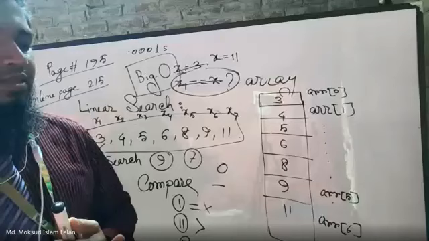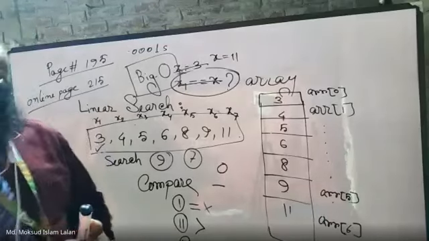Sir, in this situation, between linear search and binary search, binary search is less time consuming, its time complexity is reduced, sir. Yes, because in binary search you are going to halve it, right?